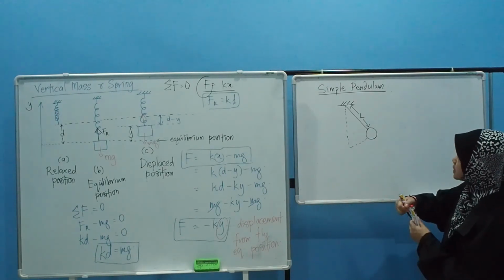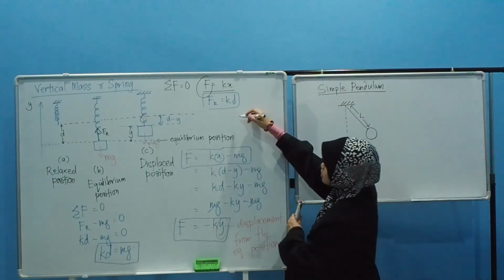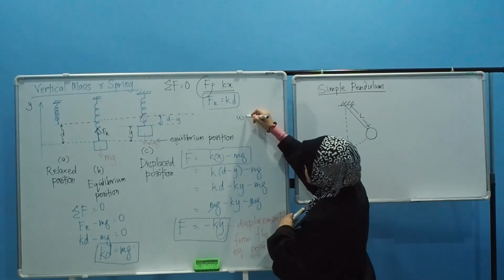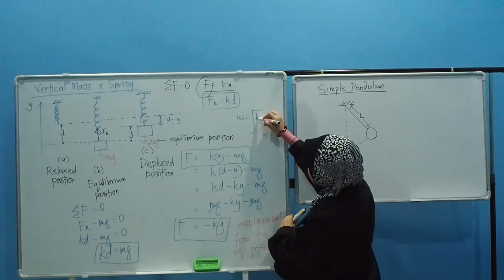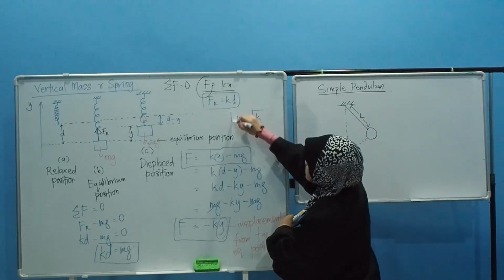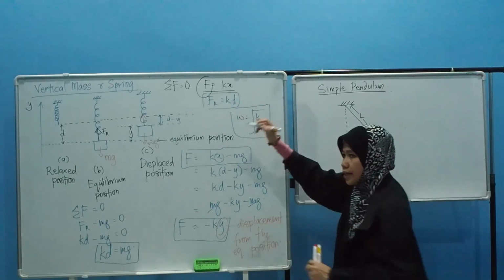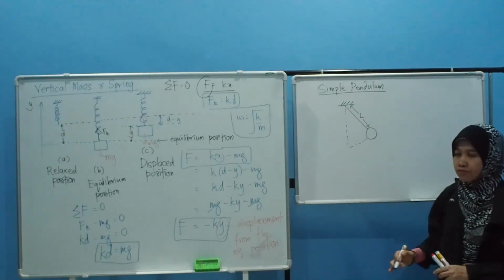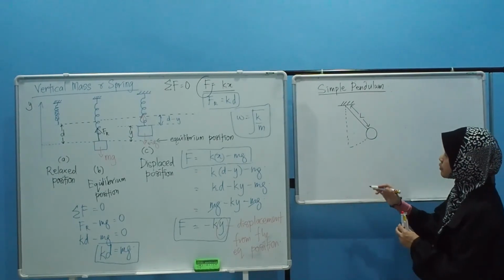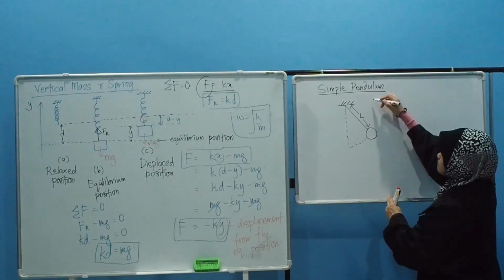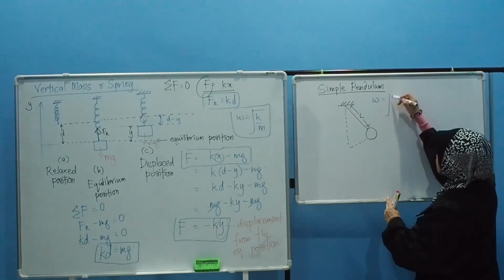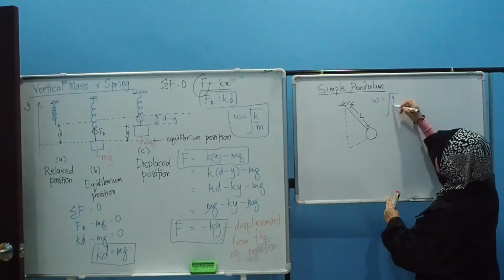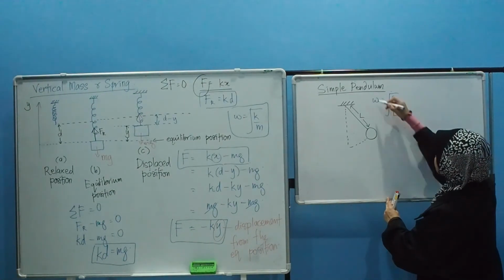Before this, in spring, the angular frequency can be calculated by using this equation: omega is equal to square root of K over M. This is valid only for spring. But for pendulum, you can use this equation: square root of g over L.